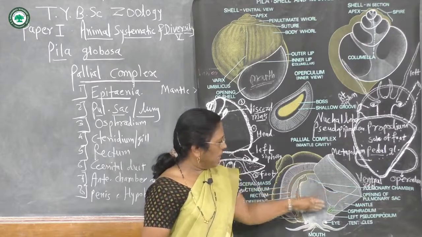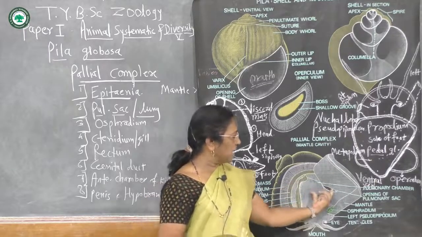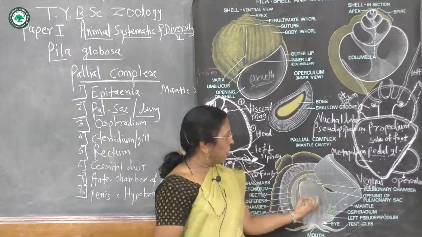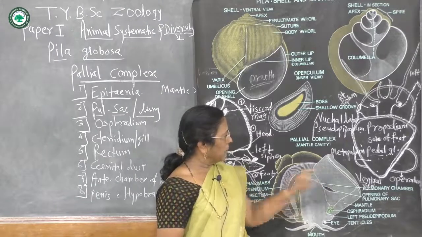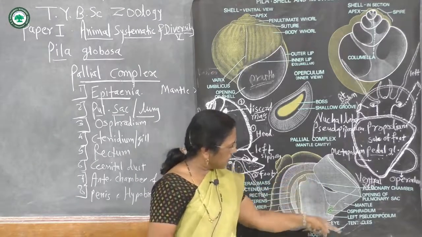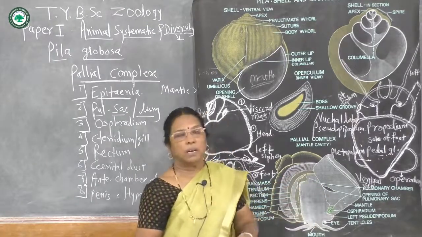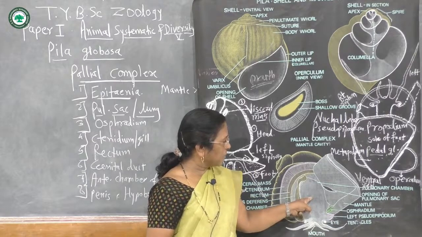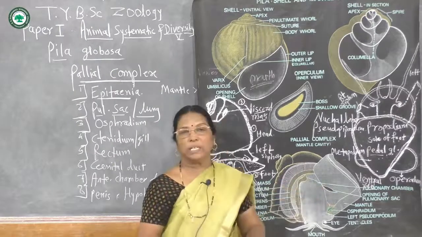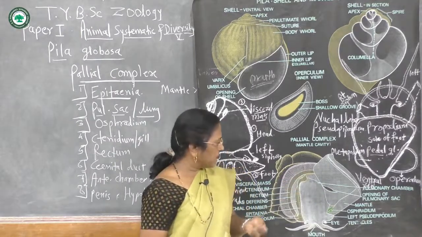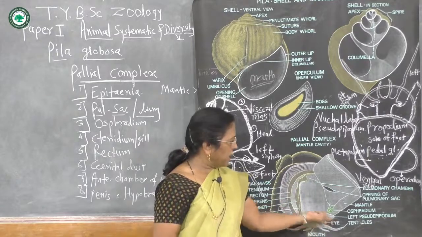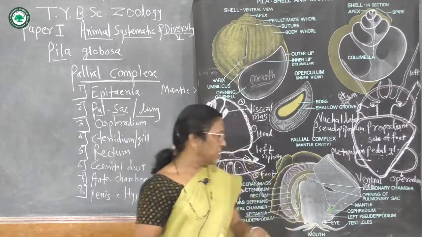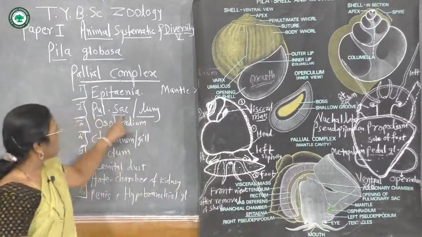Due to the thin and vascular nature of this pulmonary sac, fresh air O2 is absorbed and CO2 from the blood vessels goes outside along with the outgoing current of air. Means exchange of O2 and CO2 takes place in this pulmonary sac during aerial or terrestrial respiration, that is inspiration and expiration. This is the pulmonary sac or lung.